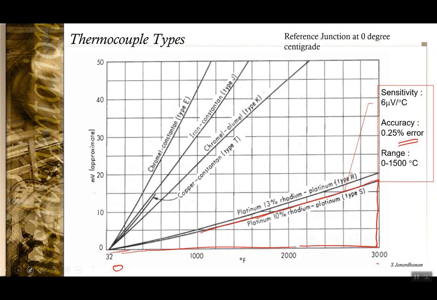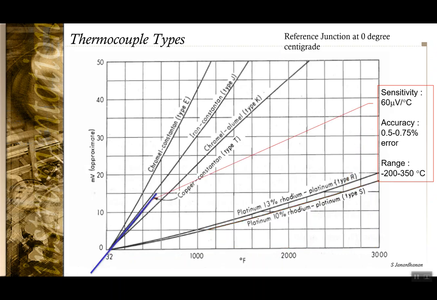On the other hand, if you look at the copper constantan thermocouple, its sensitivity is almost 10 times the sensitivity of the platinum rhodium thermocouple. However, it's not so accurate. Error can be up to 0.5 to 0.75%, and moreover its range is also quite displaced.